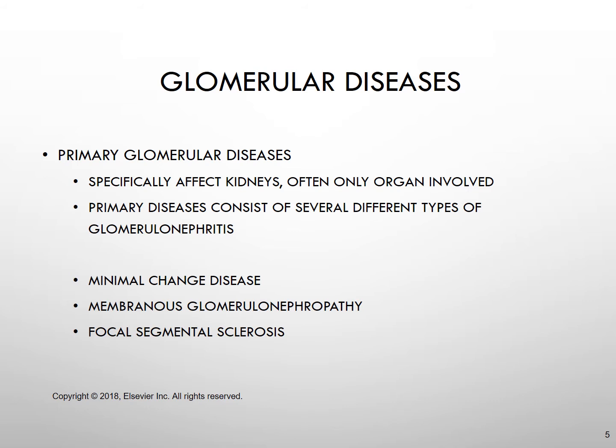Membranous glomerulonephropathy accounts for 30% of all the nephrotic syndromes in adults. It is thought to be caused by IgG and complement depositing and thickening the basement membrane, which leads to a loss of foot processes. The last, focal segmental sclerosis, occurs where some parts of the glomeruli are damaged or sclerosed.